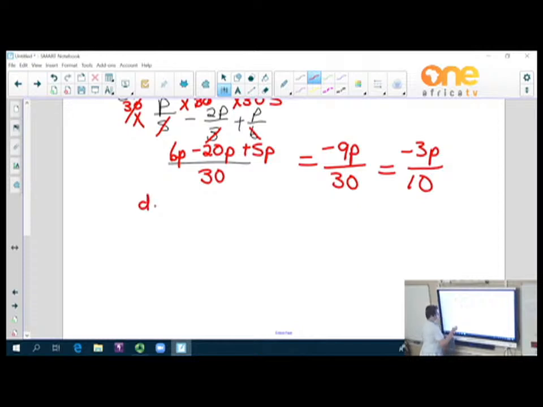Number D. 6 over AB minus 7 over BC. What is the key word? LCM. I need to find the LCM. The LCM is something that both can divide into. So I need an A, a B, and a C. I don't have to take two B's because it's the lowest common multiple.